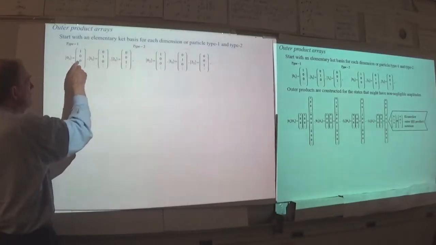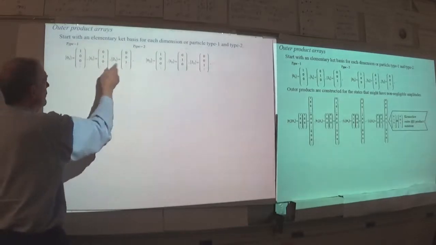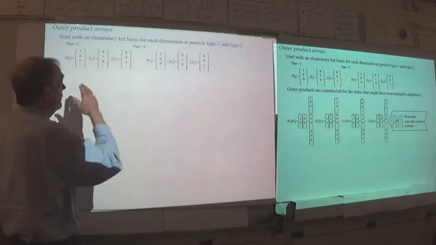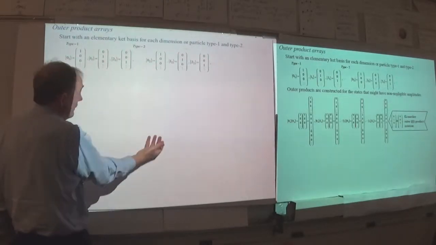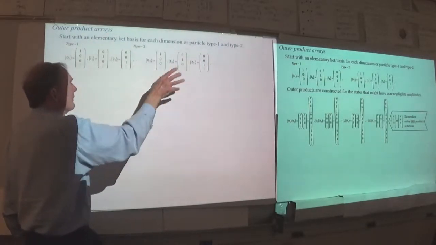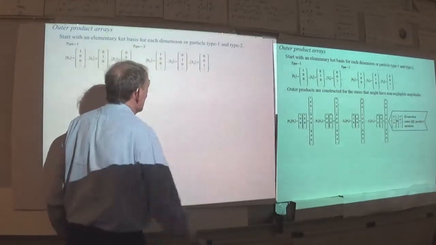You have a possibility to be in this state, or this state, or this state. These are all the unit kets that go with those possibilities. But at some point, even though this goes to infinity, you've got to stop somewhere. So you stop and say, hey, I've got to worry about the other dimension, and you go on and on, and you've got to stop it somewhere, okay?